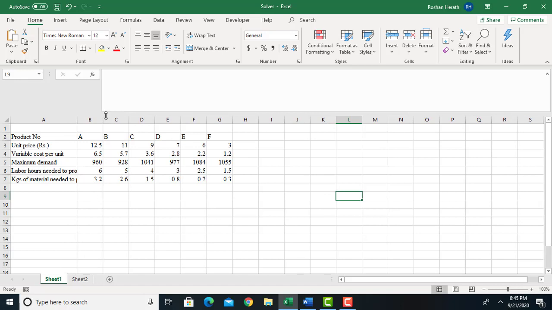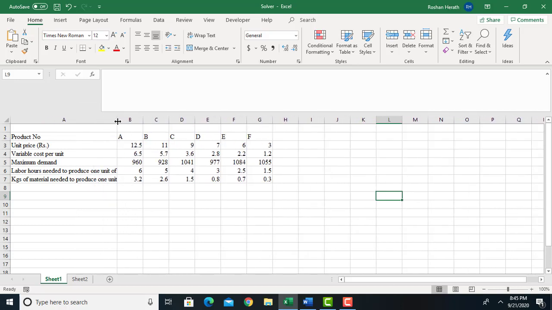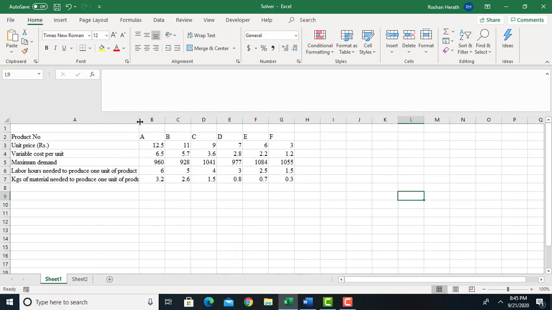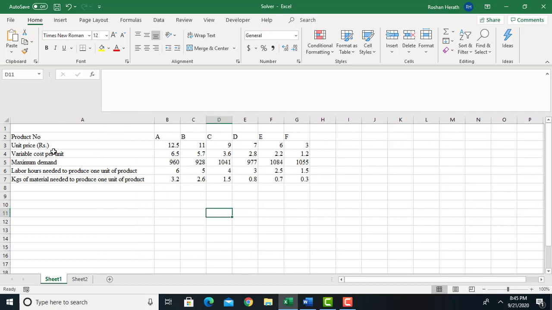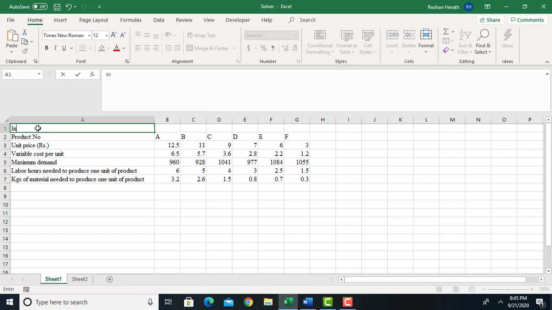You can apply the knowledge that you gathered in your management accounting when you are working out a question of this nature. So these are basically the inputs that you have.